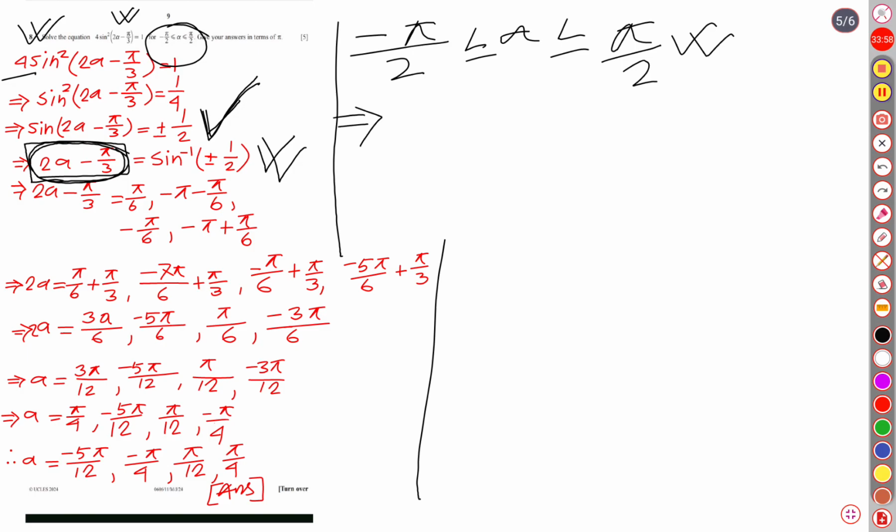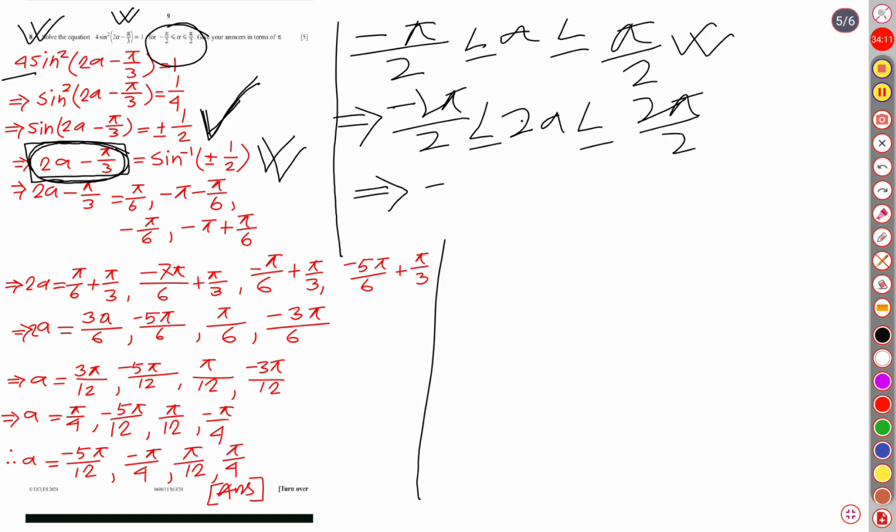If we multiply, it is going to be negative 2 pi over 2, then 2 alpha and 2 pi over 2. So on the left side, what is it going to be? Negative pi.